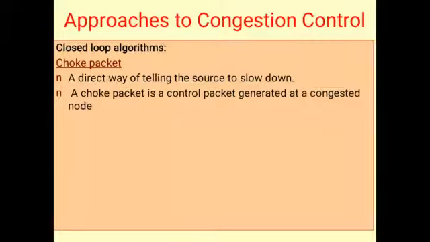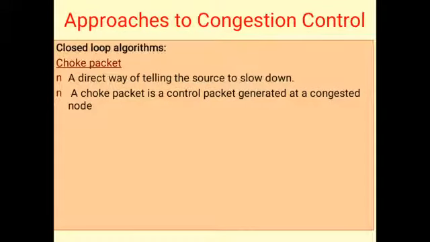A choke packet is a control packet generated at the congested node. We have n number of nodes in the network. If you consider the subnet or a network, in that network we have n number of nodes between the source and the destination. The packet is transmitted from source to destination by passing through all the intermediate nodes. At any intermediate node, congestion can occur.